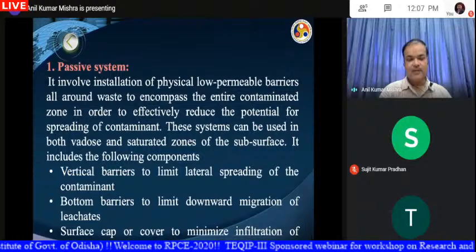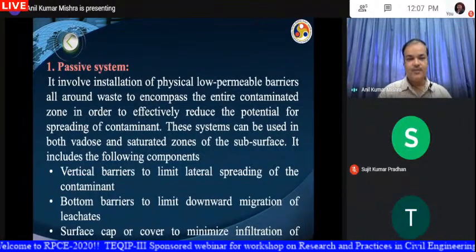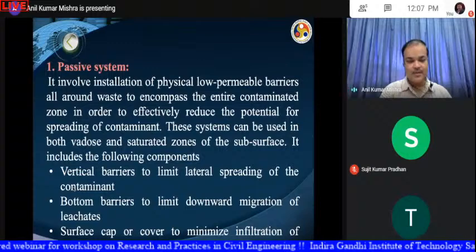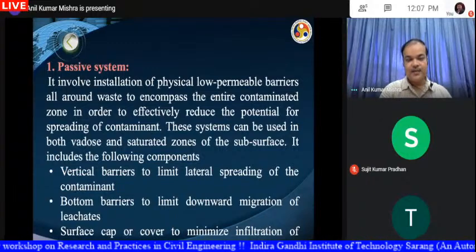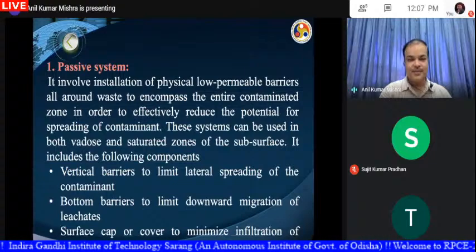In passive system, we enclose the contaminant with some barrier walls. Those barrier walls will be in the form of vertical barriers, bottom barriers and surface cap. The main objective of this system is to not allow the contaminant to move further. So this is called passive system.